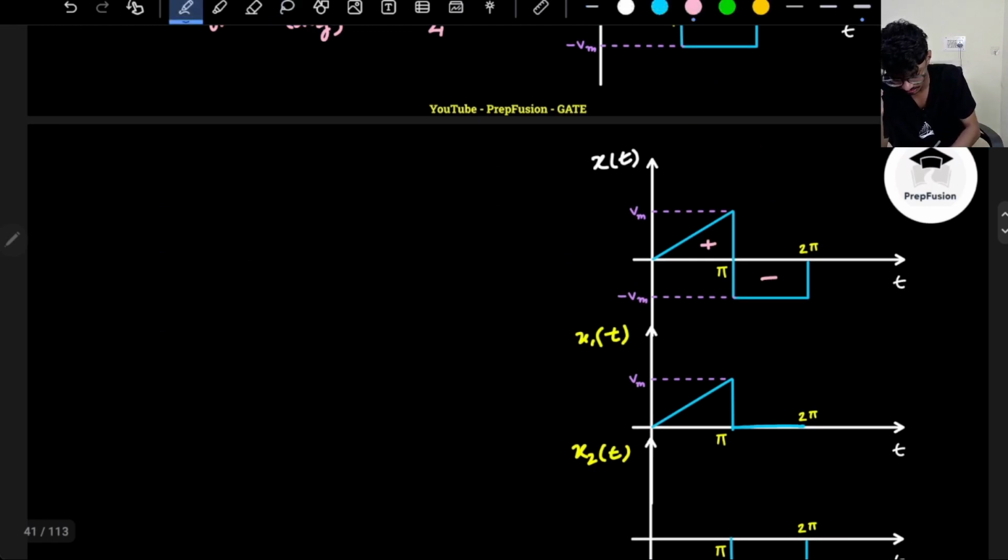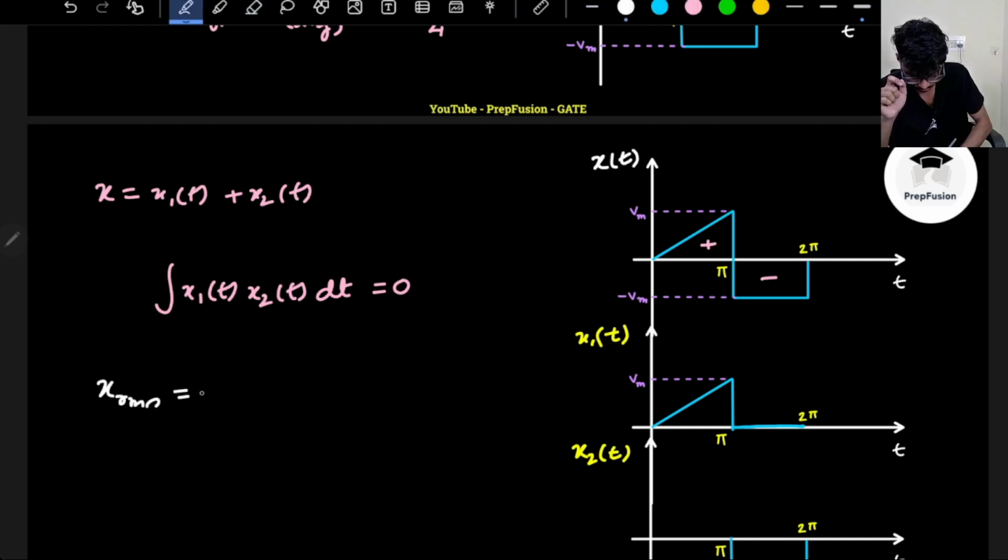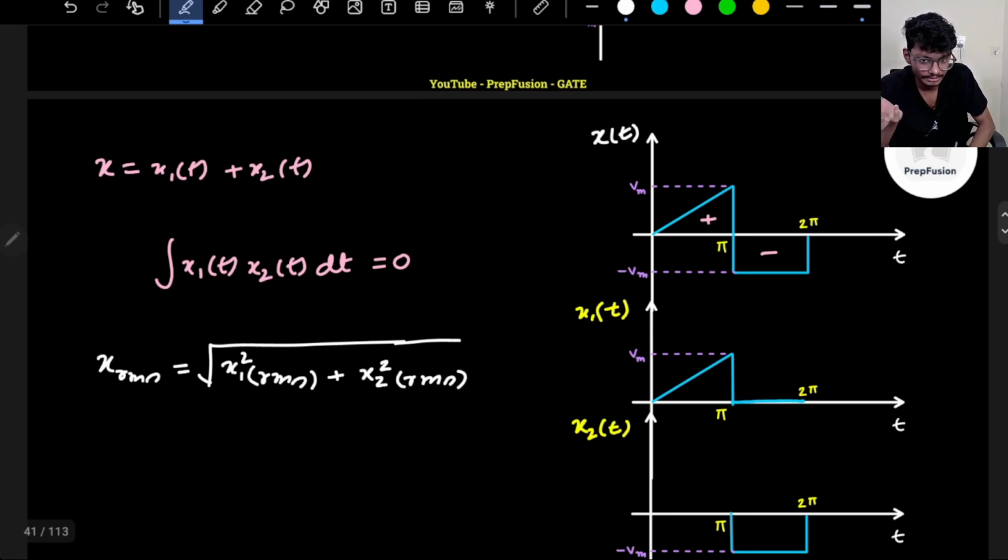If x equals x1 of t plus x2 of t, and I know that it is orthogonal, that is, the integration of x1 of t into x2 of t dt is 0, that means I can simply write this relationship: x RMS whole square equals x1 RMS whole square plus x2 RMS whole square.